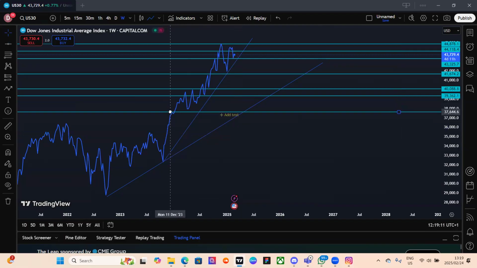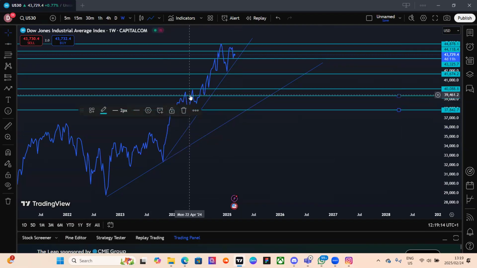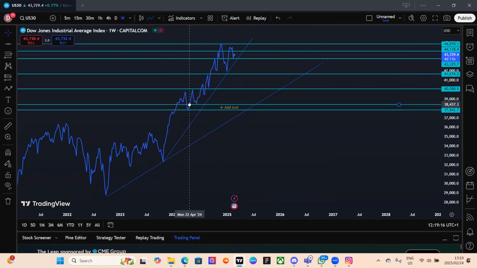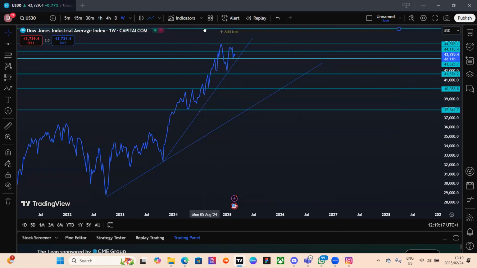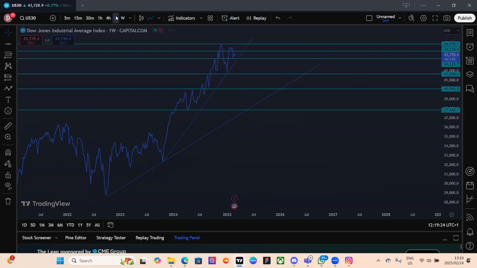Snap movement around this way. Okay, I think that's enough. And zoom in onto the daily.